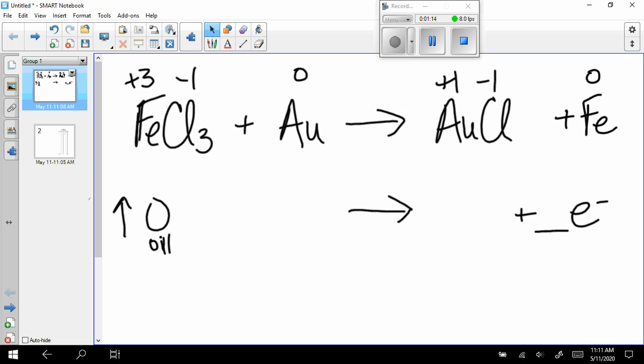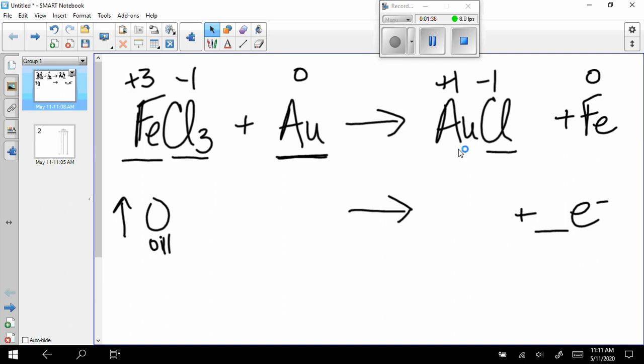So I look up here, my Fe is going from a +3 down to a 0, so that's not oxidation. My Cl is a -1 before and a -1 after, which means that's my spectator ion. That did not change. And here's what changed. Au was oxidized. It changed from a 0 to a +1.